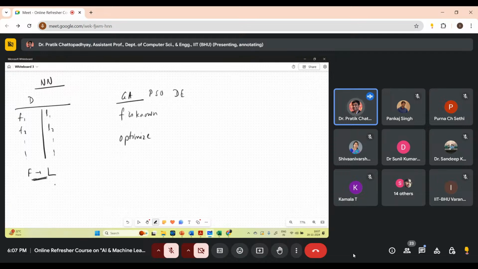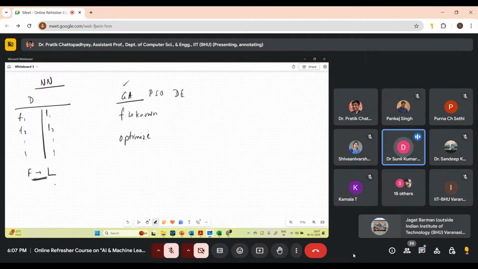All these things can be done with genetic algorithm or PSO: what are the optimal hyperparameters to train a neural network, or what are the optimal weights of the neural network that we can estimate using these algorithms. So maybe soft computing, as you are saying, can be used to optimize neural network based models.